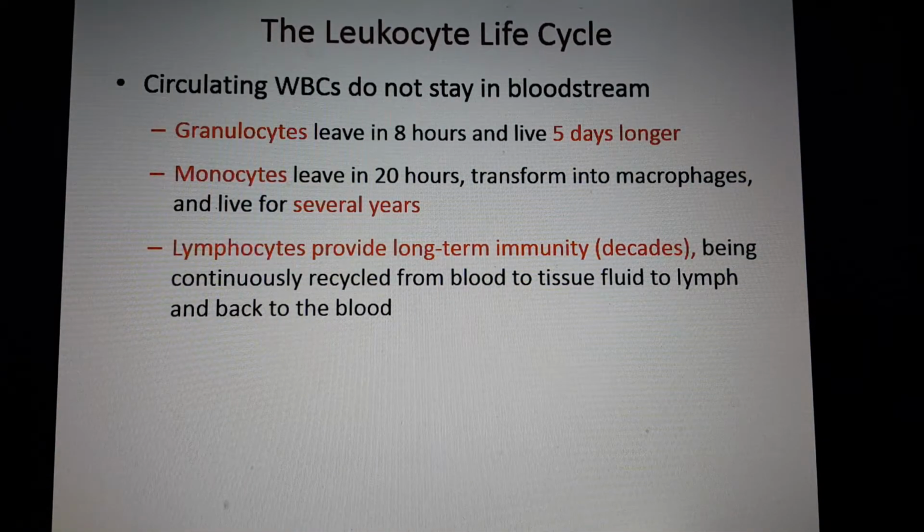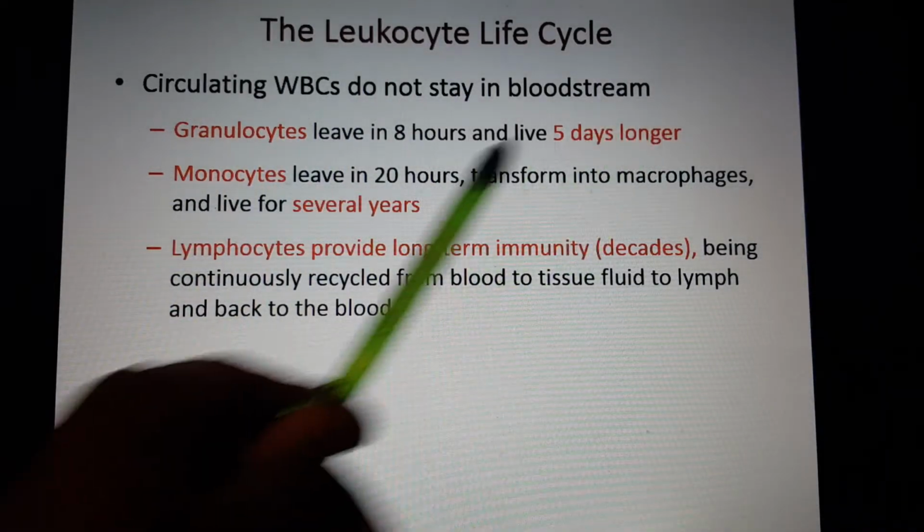On this slide, I do want you to know that once those white blood cells are released from the bone marrow, they stay in the bloodstream for a short period of time, but can later live in the tissues for a lot longer.